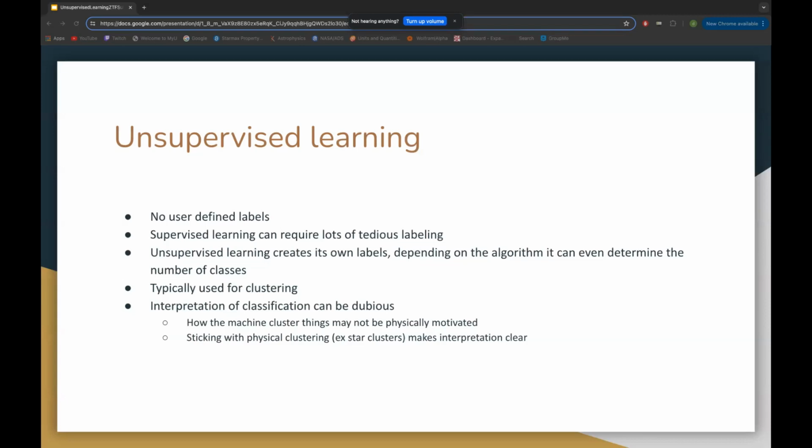An advantage of unsupervised learning is not having to pick labels. I don't know if you all have had to manually label data, but that can be very tedious, especially if you want a robust training set for supervised learning. Another thing is that, depending on what algorithm you use, the number of clusters or labels can either be user defined or chosen for you.